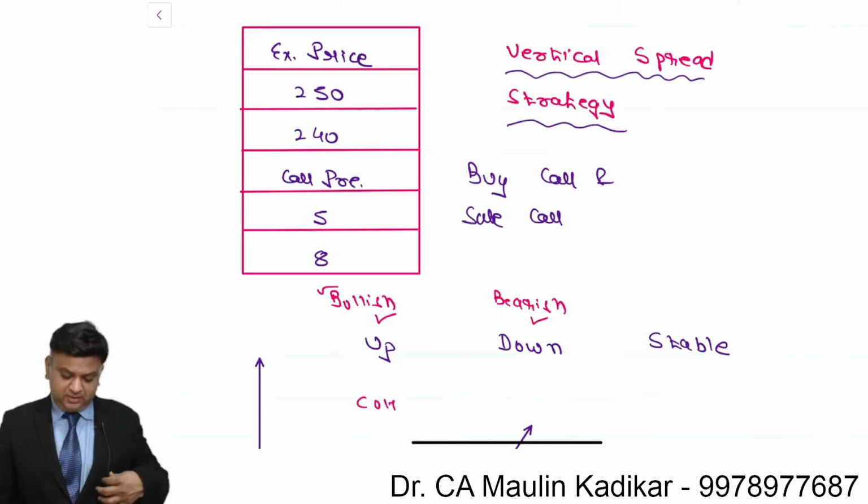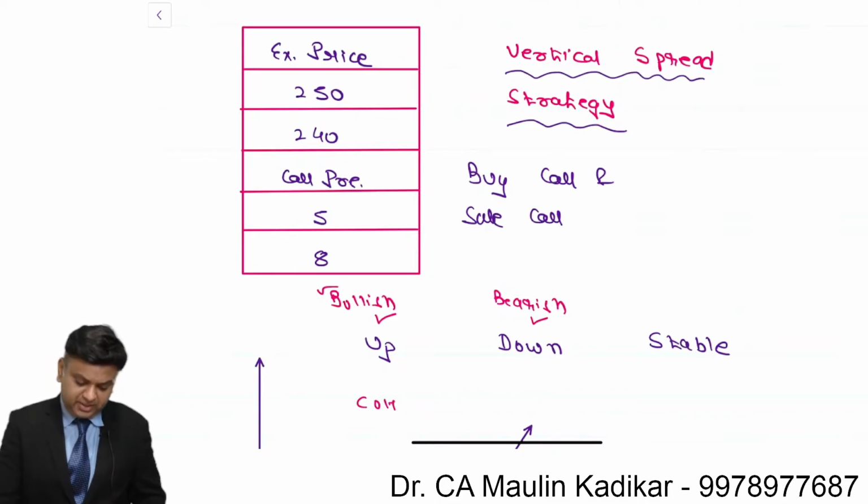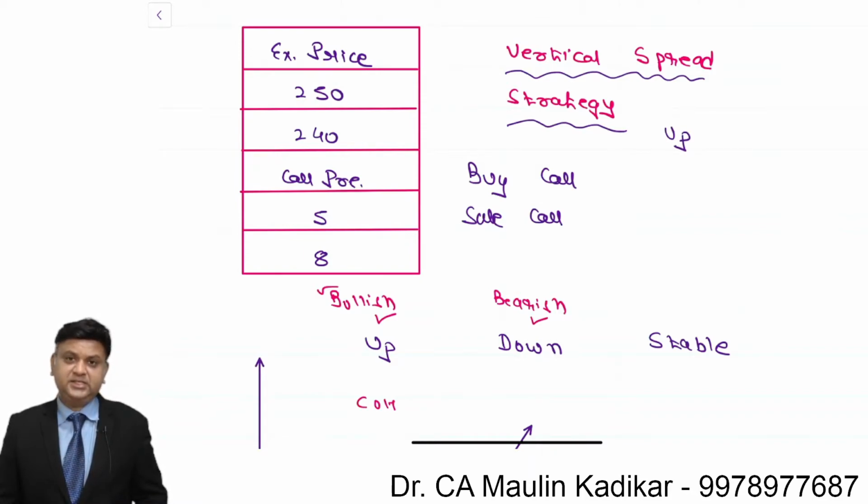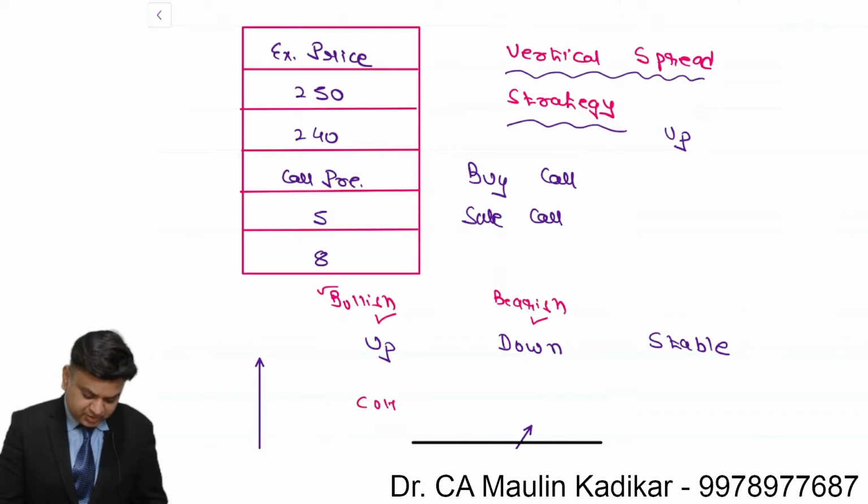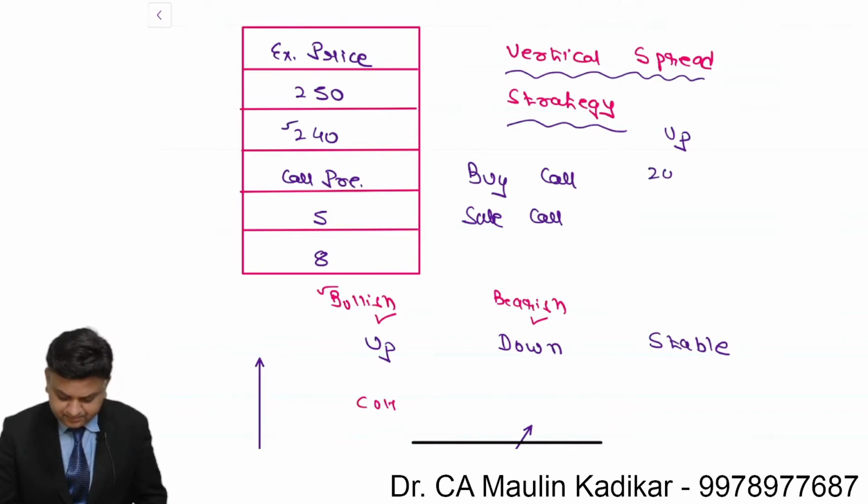Coming back to the point, you will enter into the transaction for purchasing of the call option. At the same time, you will enter into the transaction for selling of call option. At which exercise price is important. If you are expecting the price of the security to go up, then you will purchase the call option which has comparatively lower exercise price, that is over here 240.